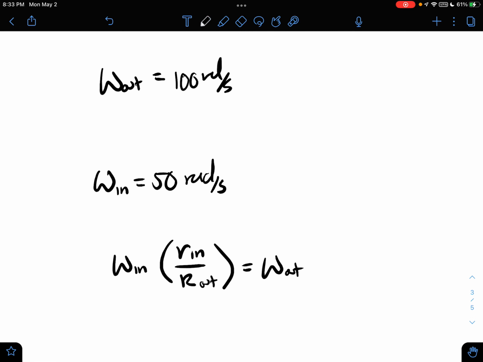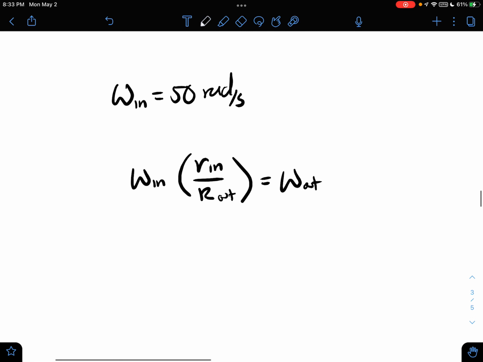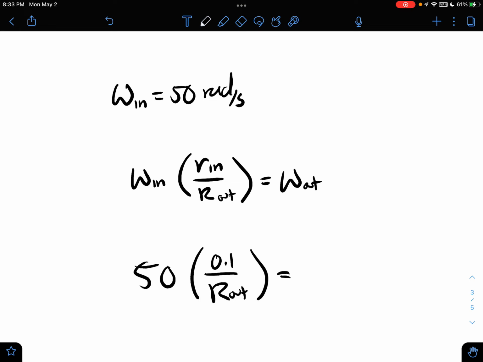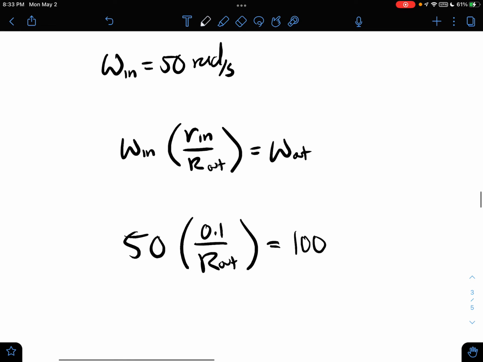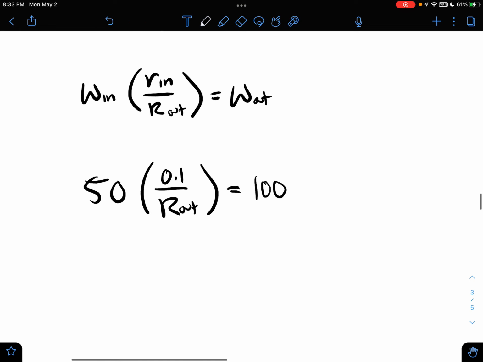Now if I plug this in, 50 times 0.1 over R out has to equal 100. So now it's just algebra. I'm going to move this over to this side and divide on through. This is going to end up being 50 over 100 times 0.1.